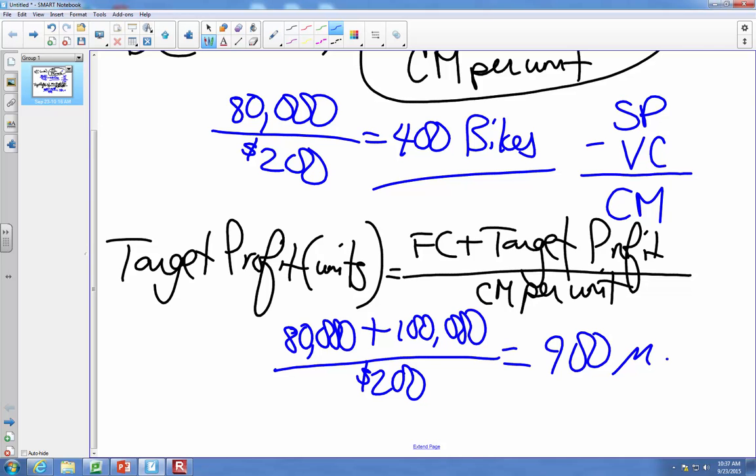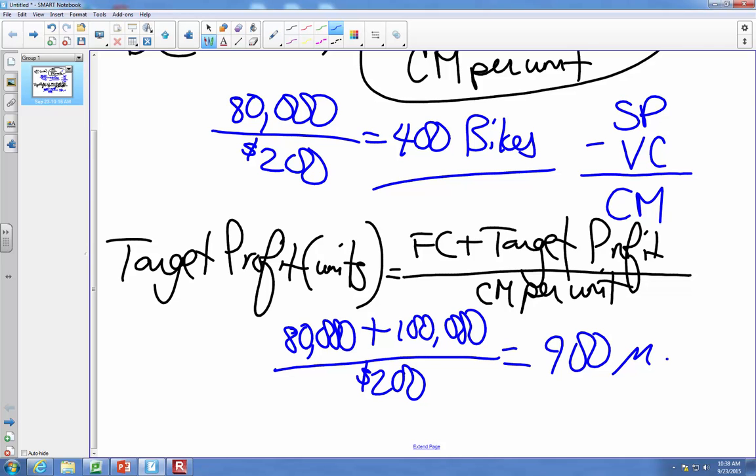But what if I said, I want to increase the commission that I pay on these by $1.10 each? $1.10, that's not going to do anything. By $50 each. What do I think that's going to do for my sales force? Incentive. What's it going to do to my contribution margin per unit?